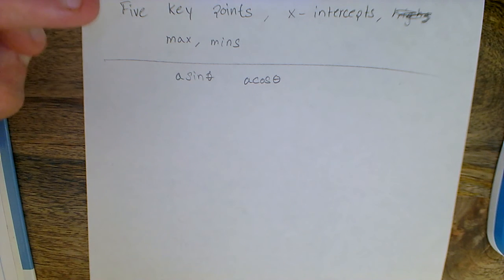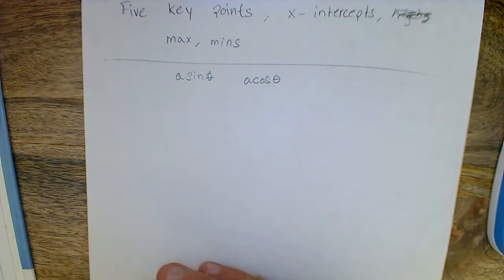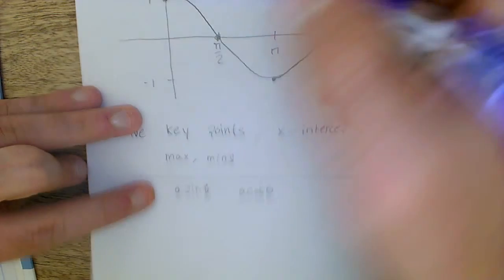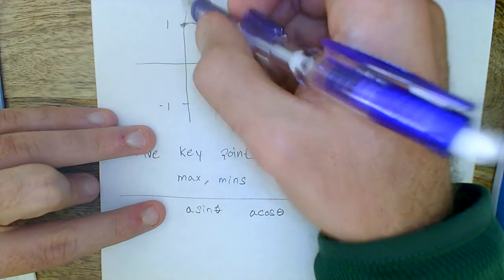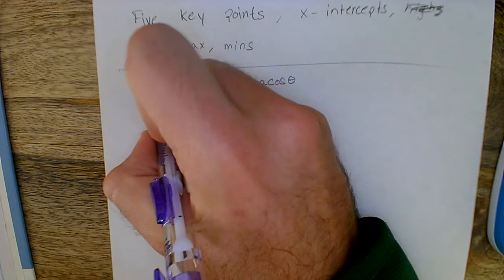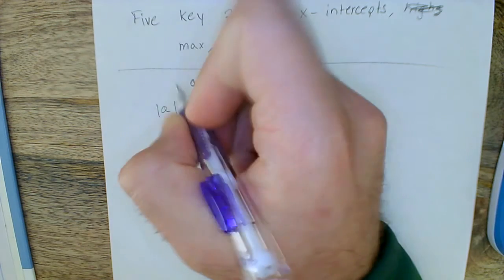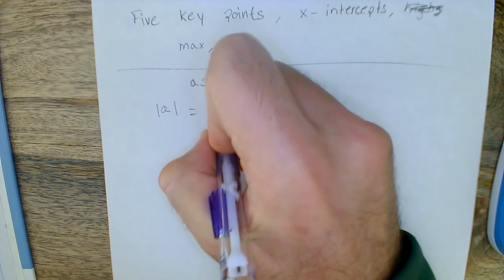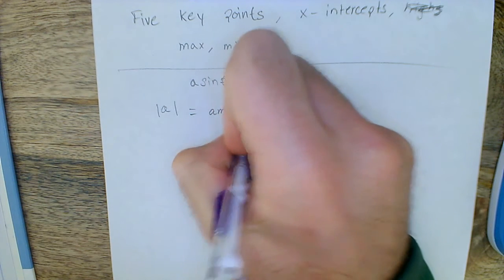Well, it would just multiply your output by a. So it shrinks and expands your range depending on what the value of a is. And we like to call a the amplitude. The absolute value of a is equal to the amplitude.